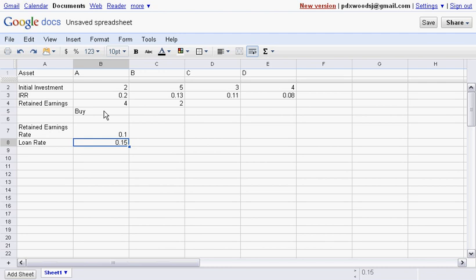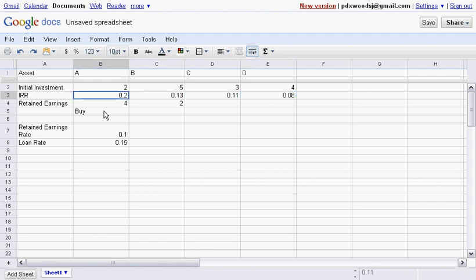So we actually shouldn't buy asset B with the loan. And we know that we have additional loan possibilities for assets C and D, but in either of these two cases, because the internal rates of return are only 11 and 8% respectively, we would not want to take out a loan in order to purchase them. Now that's dealing with asset B as a divisible asset.